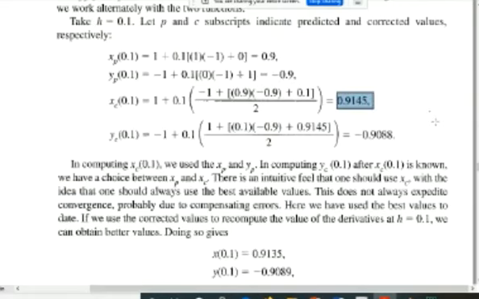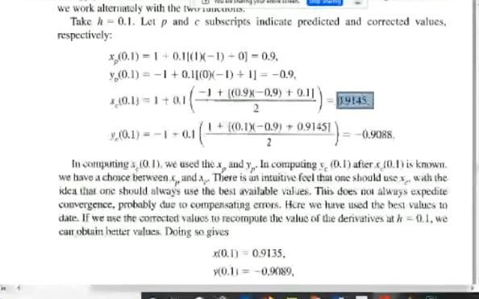The best choice is using the corrected value of x, because it gives us a much more accurate solution.